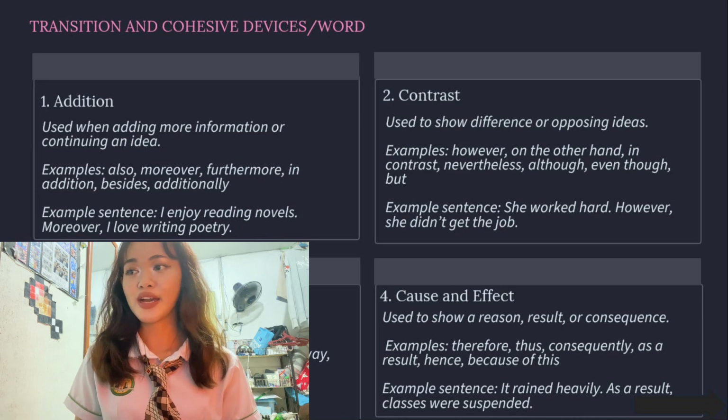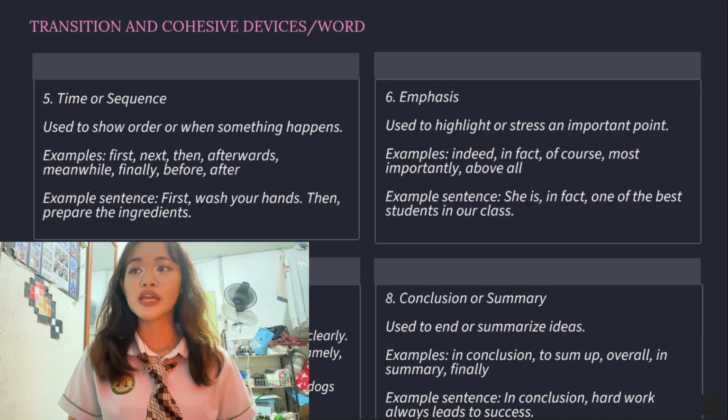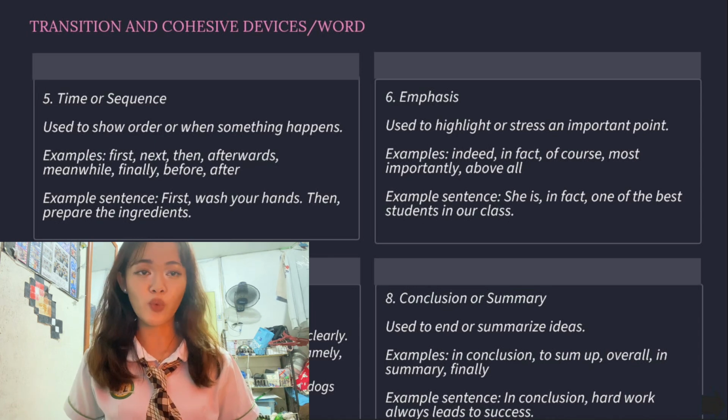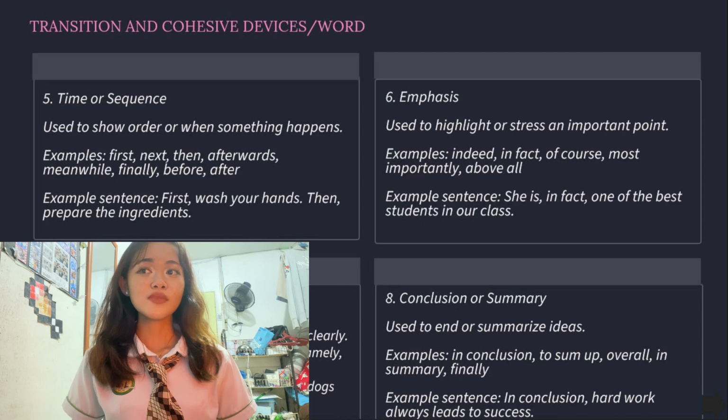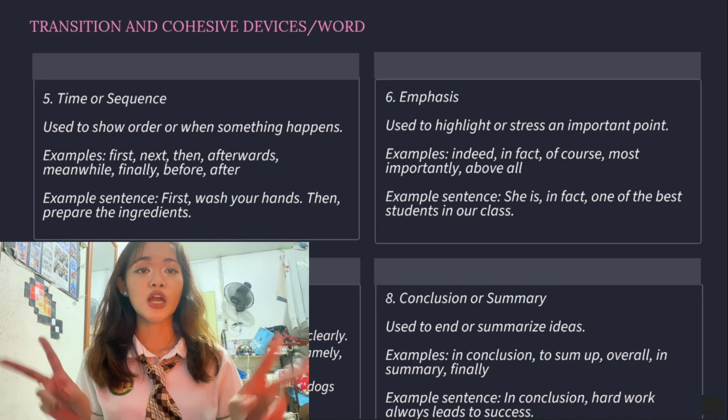And then next we have time or sequence. It is used to show order or when something happens. Examples: first, next, then, afterwards, or meanwhile. So this type of transition or cohesive device, in the types of paragraph development, falls under a process.